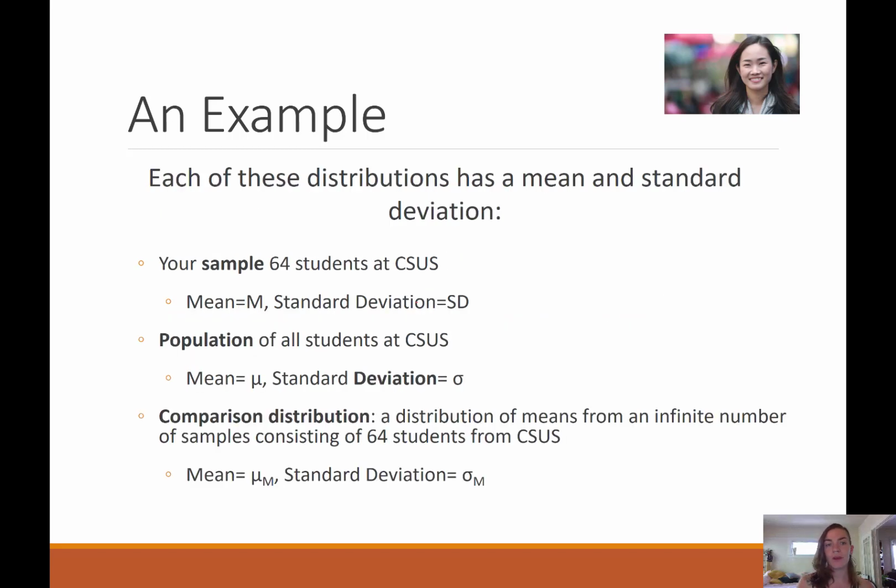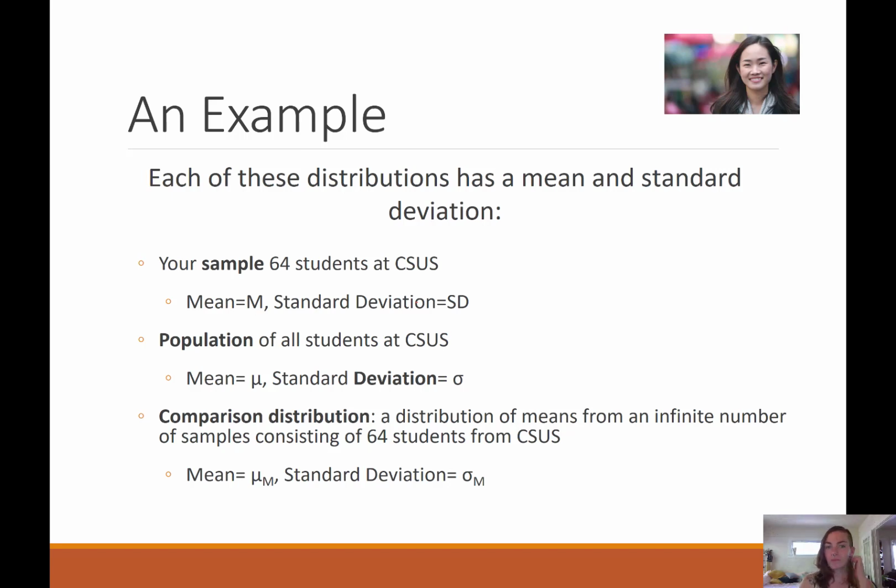And each of these distributions, the distribution of scores, the distribution of the population values, and the distribution of means, has a mean and a standard deviation. Okay, so now we're talking about the whole distribution has its own mean and its own spread, or how much variability exists in that distribution.